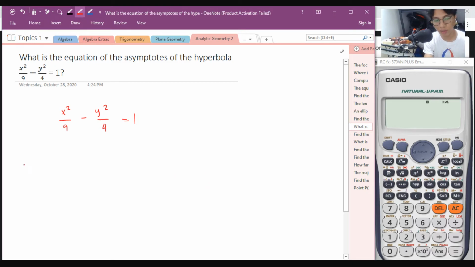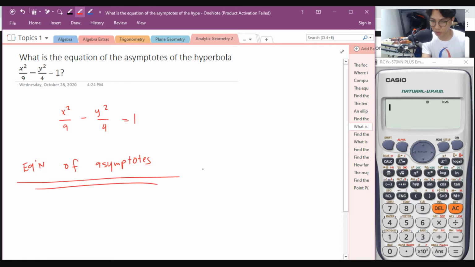The equation of the asymptotes, may formula yan. y is equal to positive, negative b over a x.